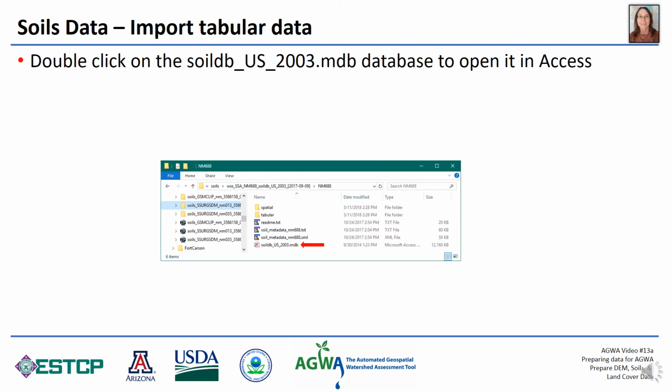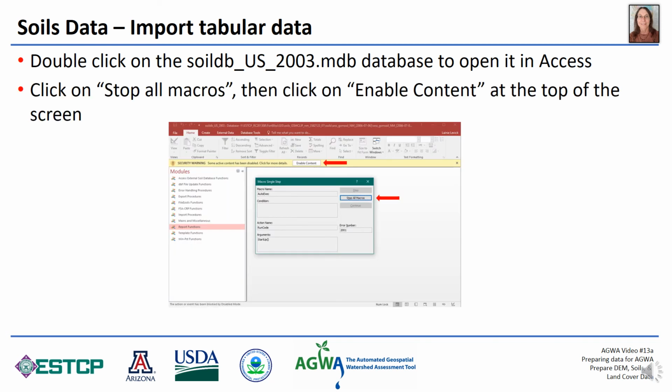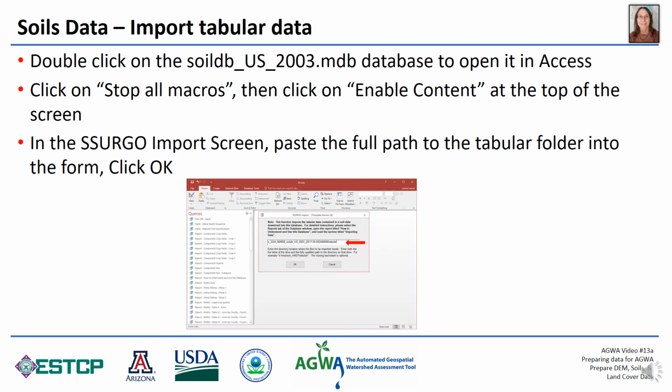To import the tabular data, double-click on the soildb_US_2003.mdb database to open it in Access. When the screen opens, click on Stop All Macros, then click on Enable Content at the top of the screen.